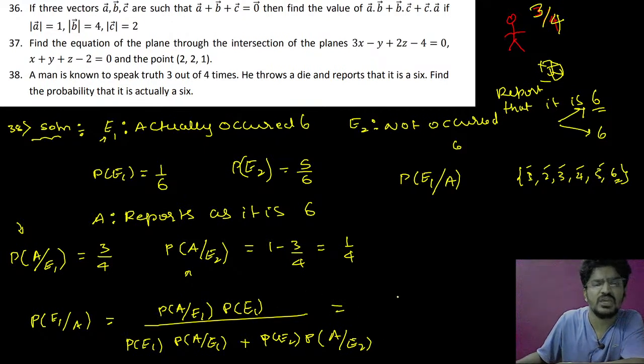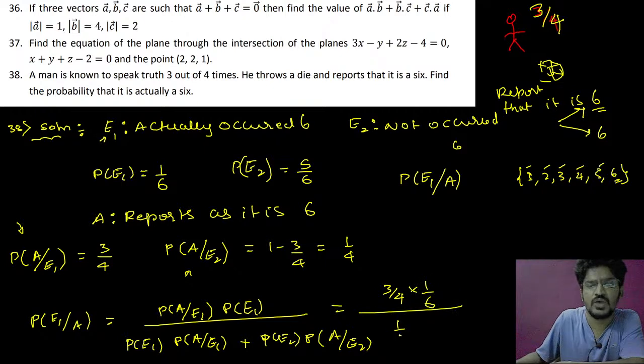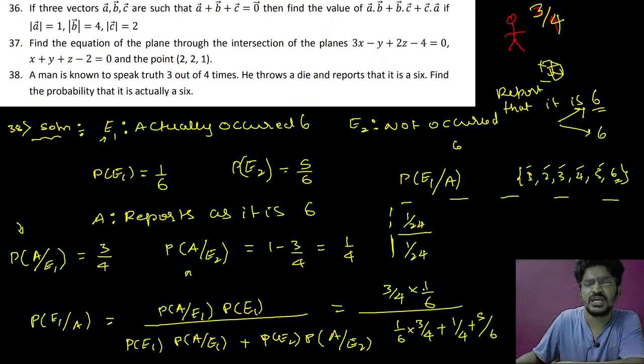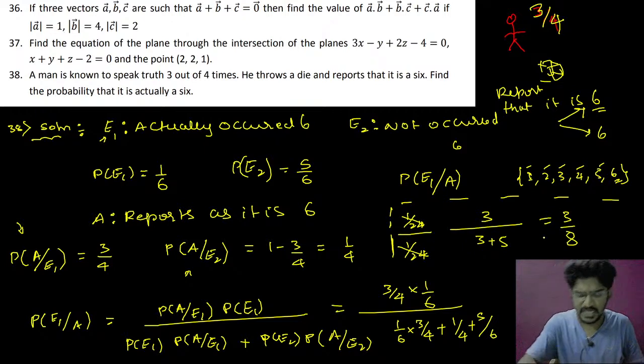Now probability of A given E1 is 3 by 4, probability of E1 is 1 by 6, divided by 1 by 6 into 3 by 4 plus probability of E2, 5 by 6, into 1 by 4. If you simplify this, 1 by 24 is common in both numerator and denominator. Here you will remain with 3, here with 3 plus 5, the common factor cancels, and 3 by 8 is your answer.